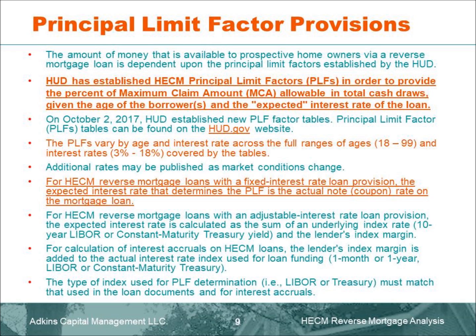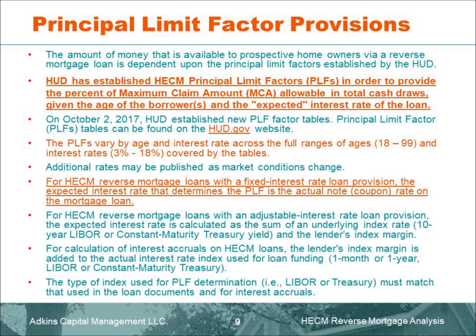The PLFs vary by age and interest rate across the full ranges of ages and interest rates covered by the tables. For HECM reverse mortgage loans with a fixed interest rate loan provision, the expected interest rate that determines the PLF is the actual note rate on the mortgage loan.